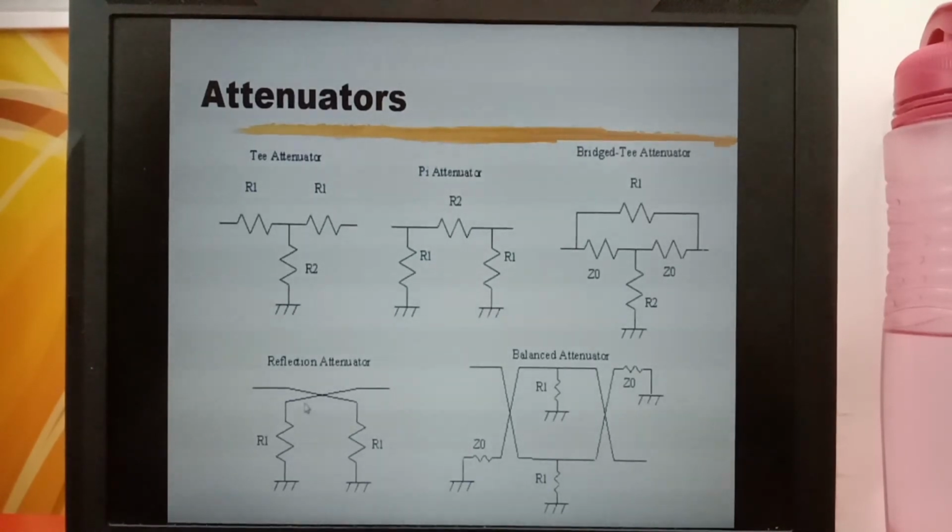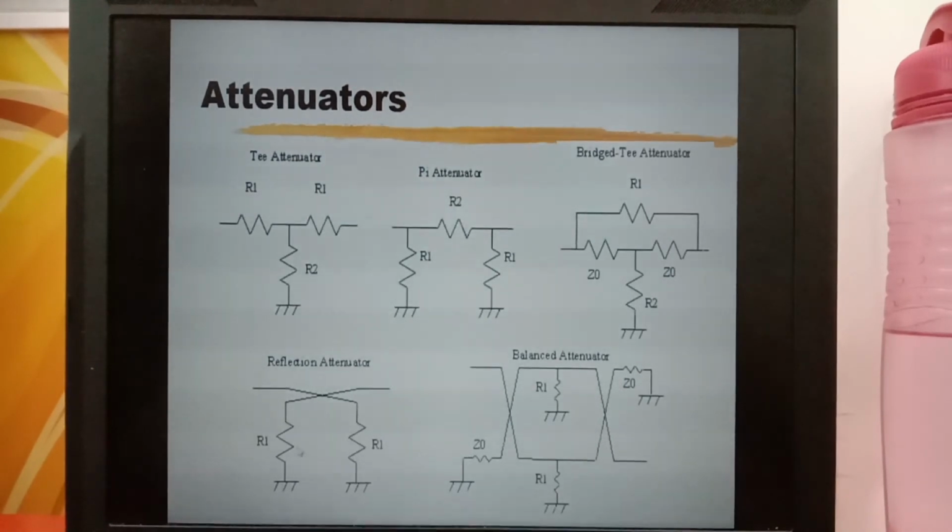So when the reflected signal from port 4 goes to port 2, if they add in phase, we get slightly larger power, and similarly, if they add in opposite phase, we will get less than half power.